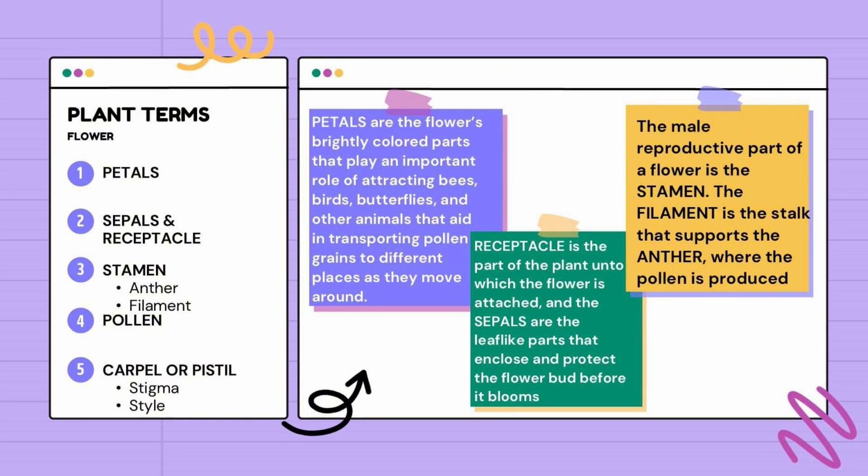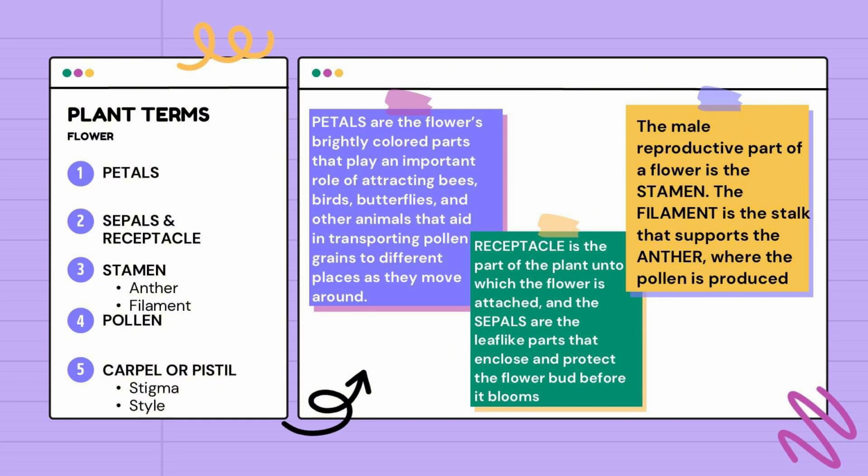Okay po? So, the filament is the stalk that supports the anther where the pollen is produced. Okay, mamaya ipapakita ko sa inyo ano ba ang itsura ni filament. Ano ba ang itsura ni anther? Anther. Okay? At paano ba nangyayari ang pollination? Okay?